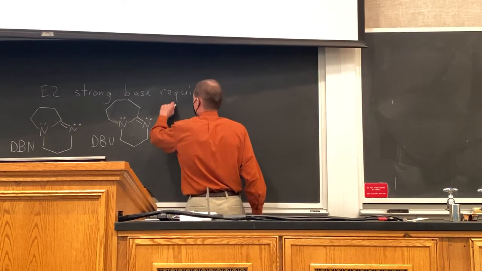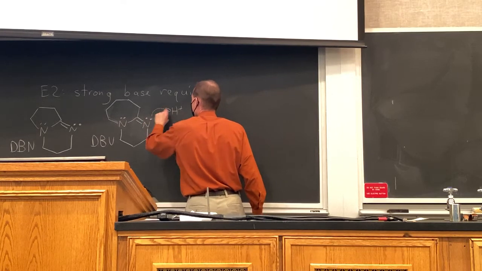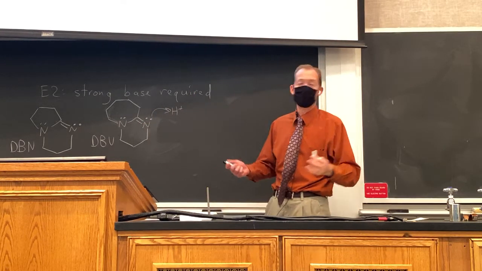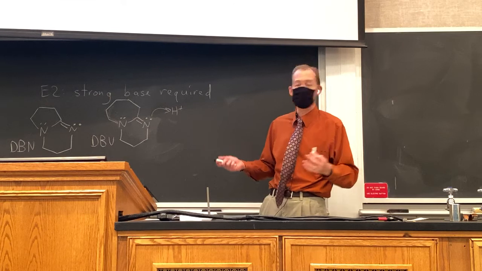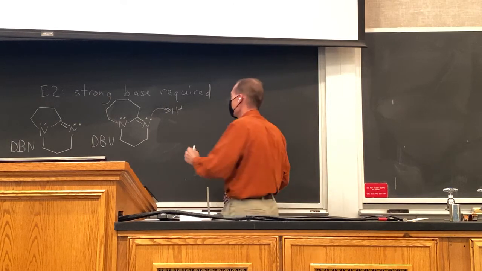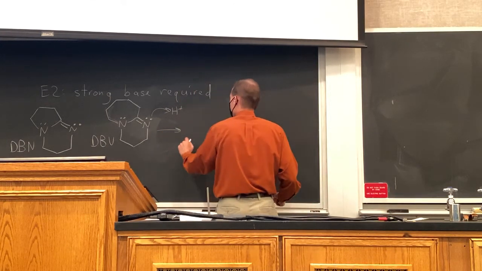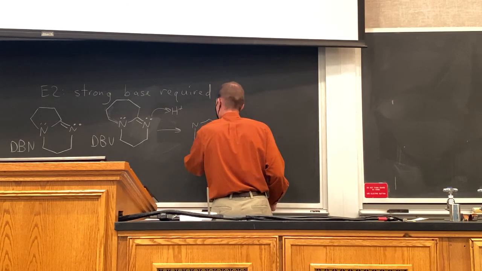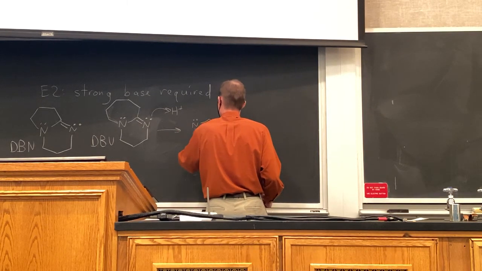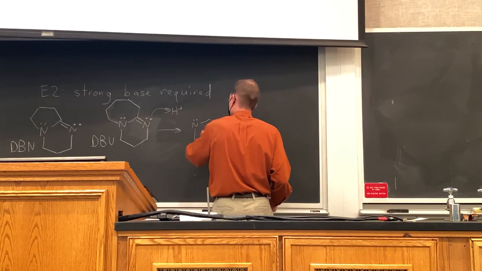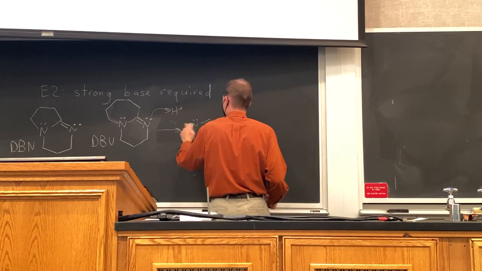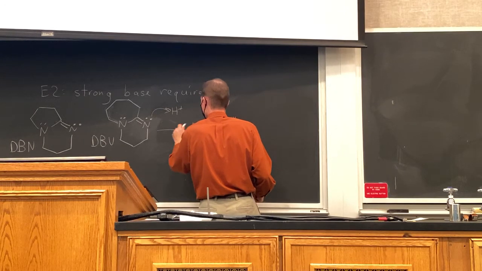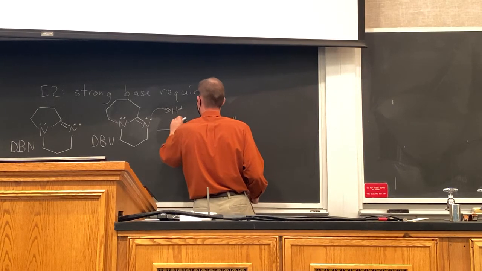So if we're going to protonate, and it works for either of these bases, I'm just going to show it with DBU because that's the one I've drawn here on the right. If we protonate on the sp2 nitrogen, then something happens. I'm going to move the, actually I'll put the lone pair there.